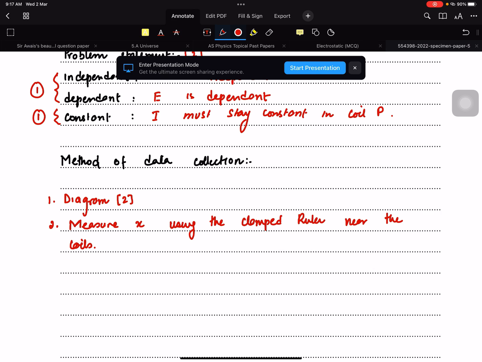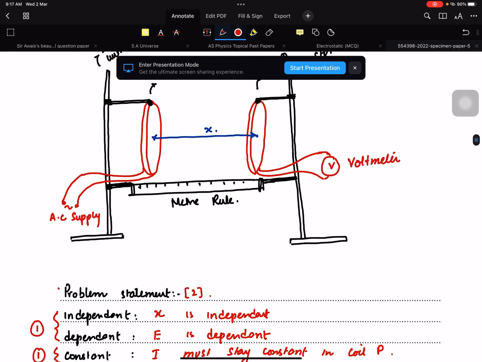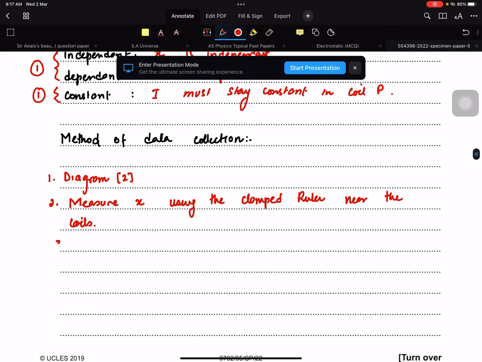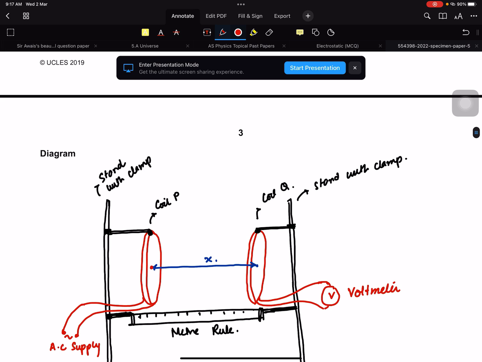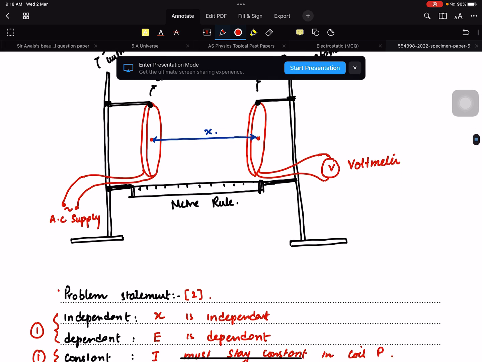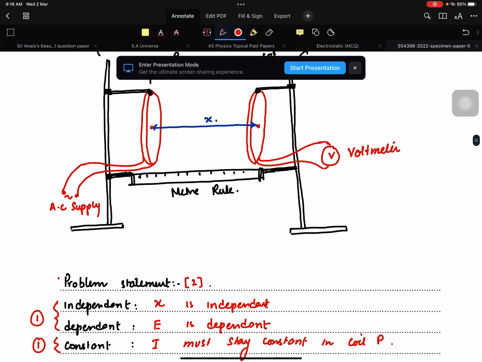Alright, so you have done it, or in the diagram you've also shown it, so you don't have to explain a lot. Then you say, one of the biggest issues is that you don't know exactly that it should come from the center, and we don't know exactly how to locate that.